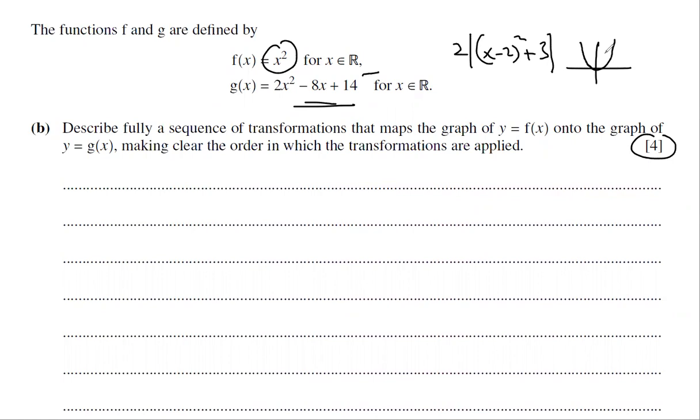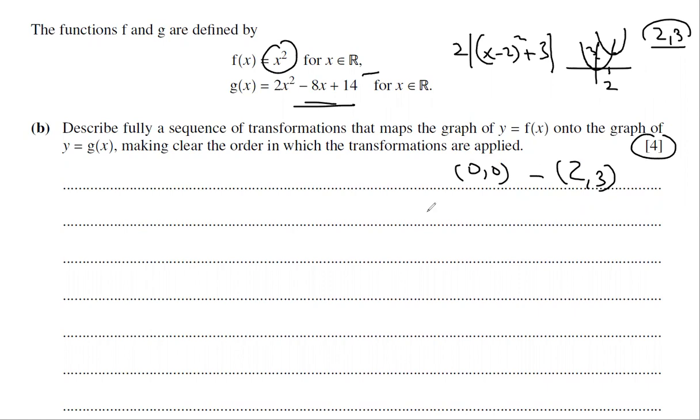So the vertex is 2, 3. So where would this come? This is 2, this is 3. And it would be like this, right? 2, 3 part. So you would say point 0,0 is being transformed to this point 2, 3.